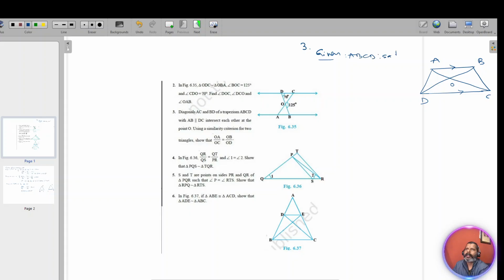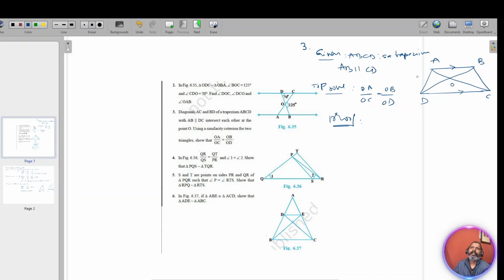ABCD is a trapezium. AB parallel to CD. That's it. The intersection at O, no need to write. To prove OA by OC equal to OB by OD.